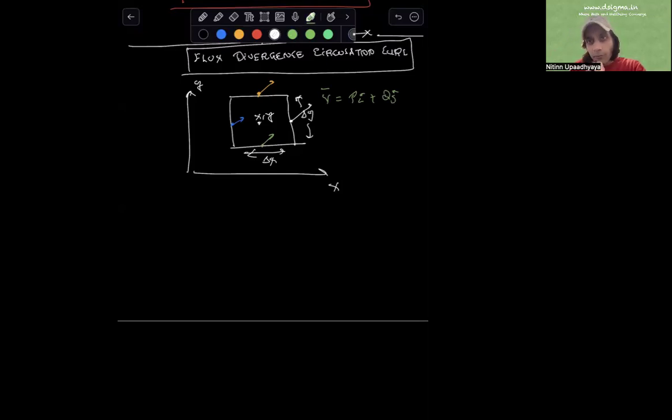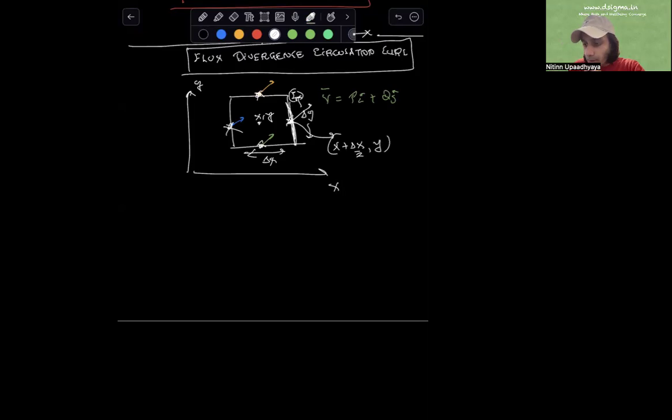Now, as the velocity field varies in space, the magnitude and direction of this velocity field at the midpoints of these segments would be different, right? And we quantified this difference in velocity field by labeling each of these points. So for instance, if the rectangular loop is constructed with x comma y as the center, then the midpoint of this segment, which we call segment 1, that's this vertical segment, would be at x plus del x by 2 comma y.